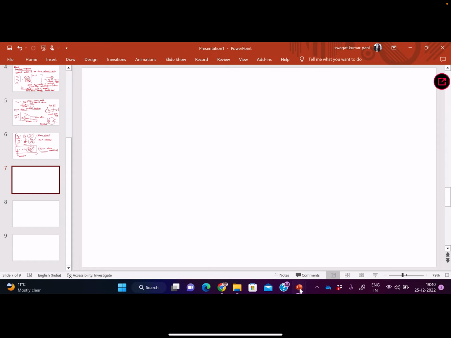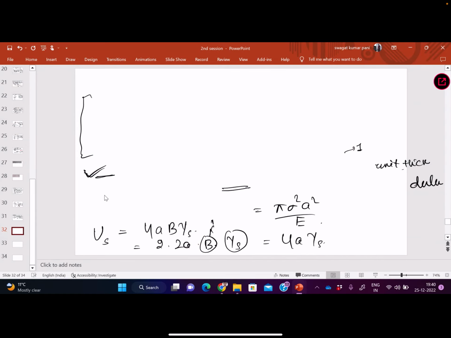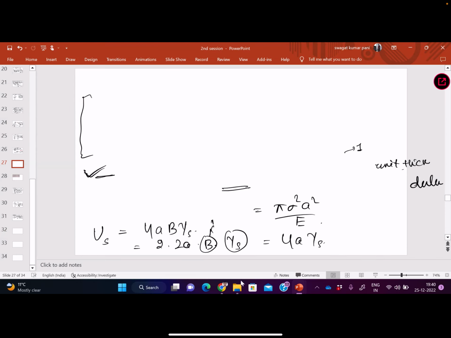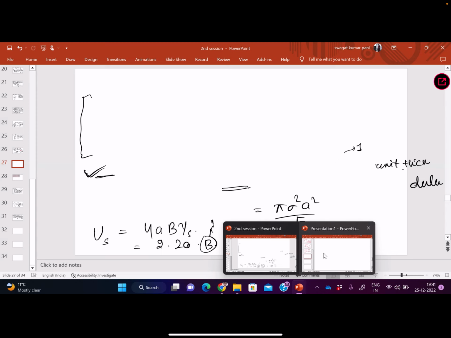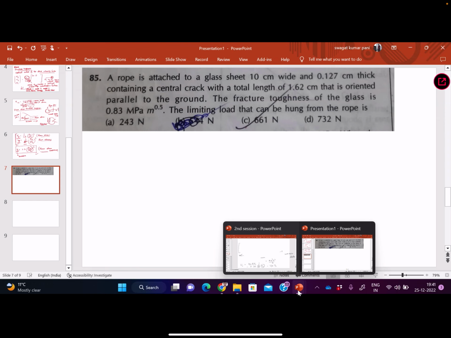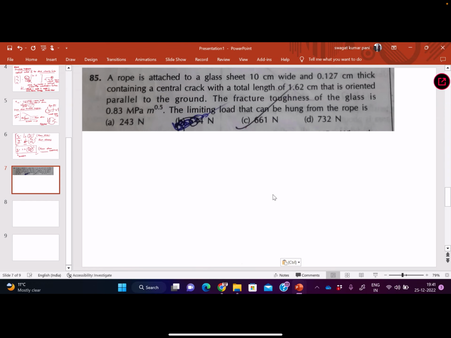Okay. What is that question? Okay, so this is one question from GATE. A rope, the slide is visible, no? Yes, sir. Okay.